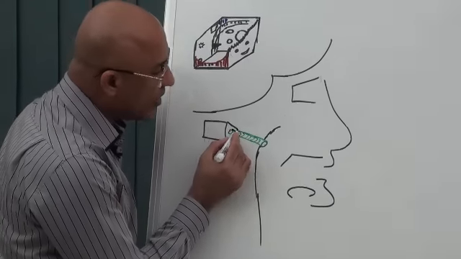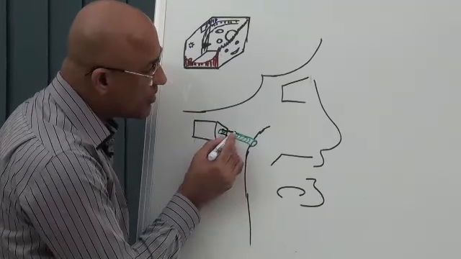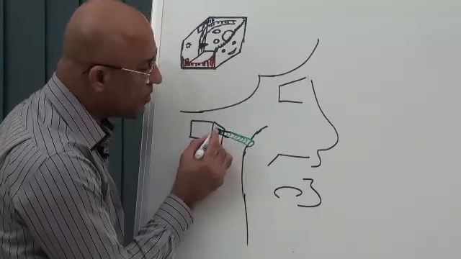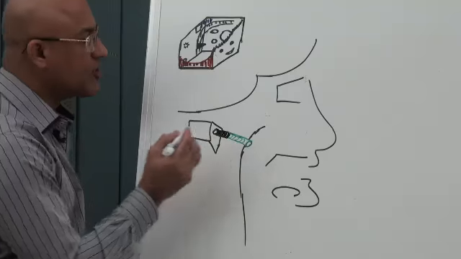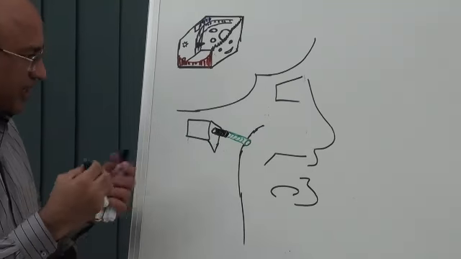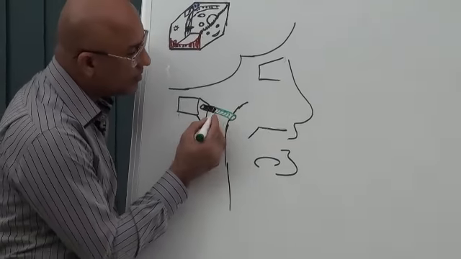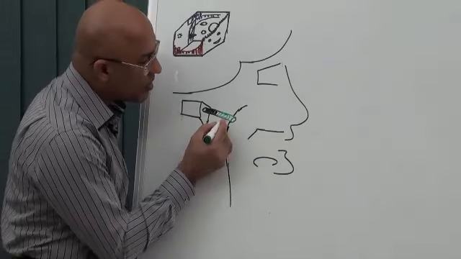Now, this tube, its initial 1/3 is bony, right? And on the pharyngeal side, the last 2/3 is, you can say, cartilaginous and some fibrocartilaginous, right?